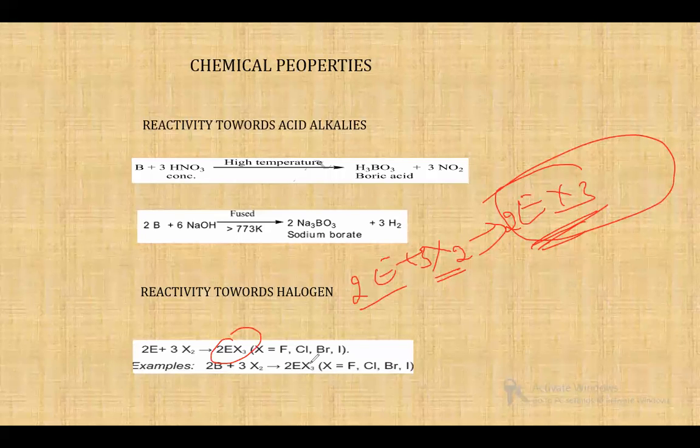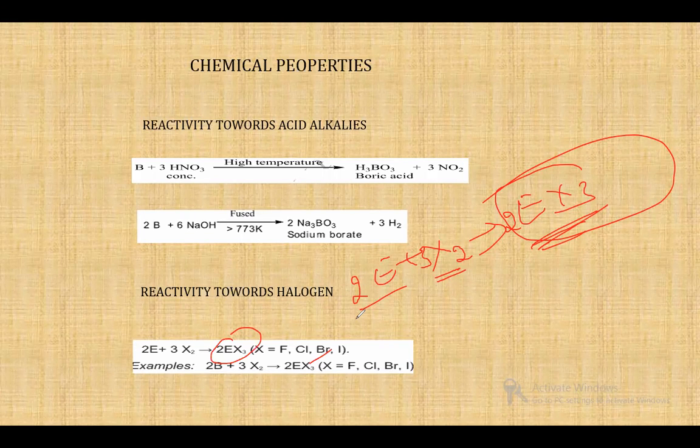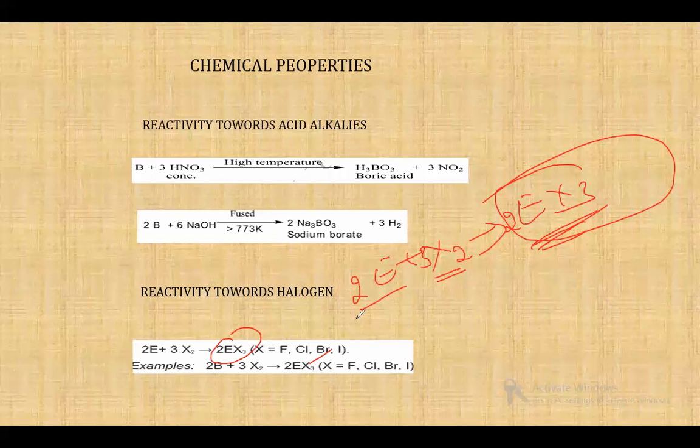Here, boron reacts with chlorine or fluorine. What is the exceptional case we discussed? Except for fluorine, the elements directly combine to form the respective halides.